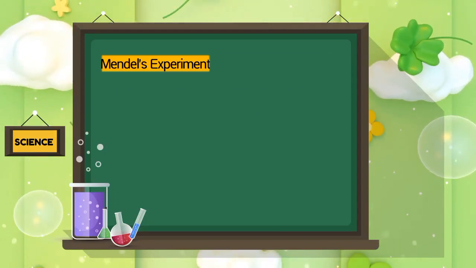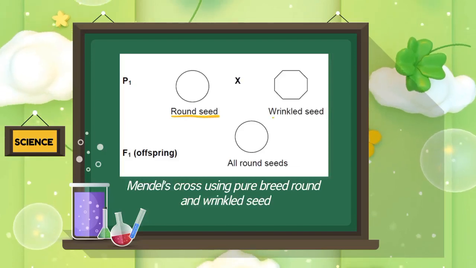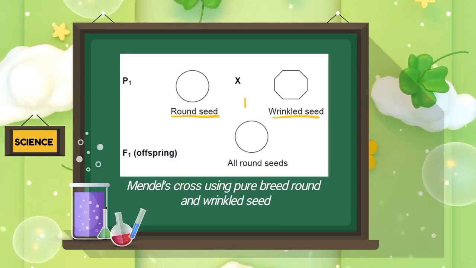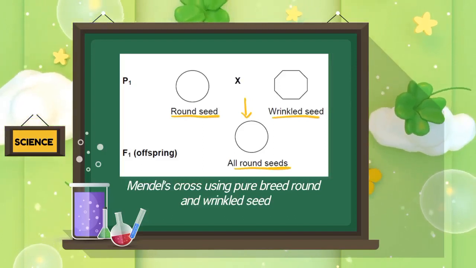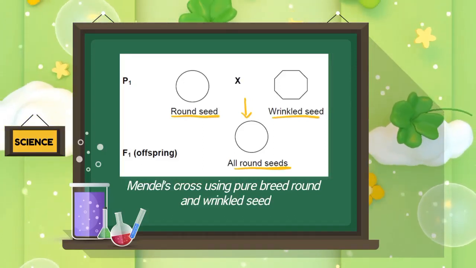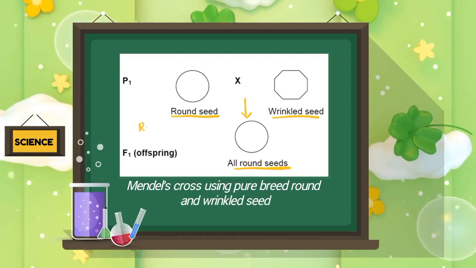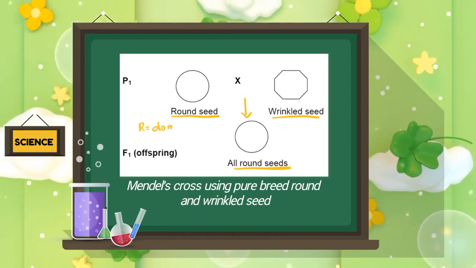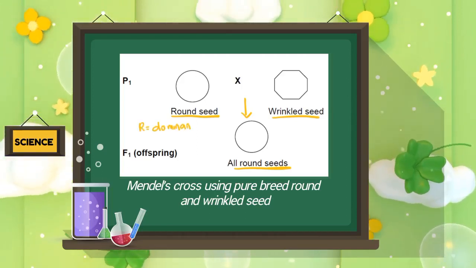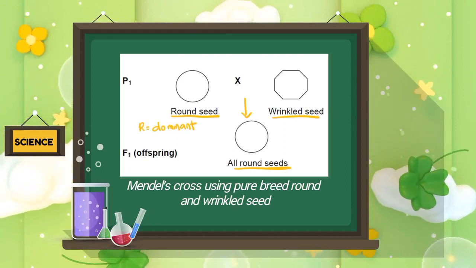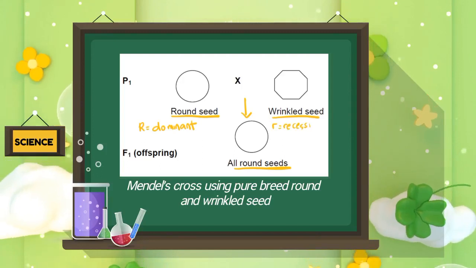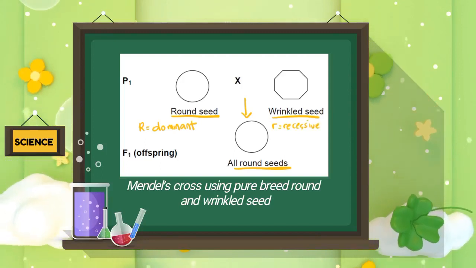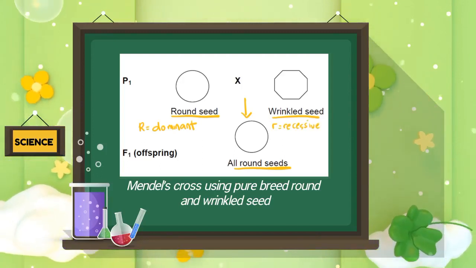Example, kung i-cross natin ang purebred round seed and purebred wrinkled seed, ang magiging result ng kanilang offspring ay puro round seed dahil dominant ang allele for round seed. Let's say that uppercase letter R is the symbol for dominant allele that represents round seed phenotype, while lowercase letter r is the symbol for recessive allele which represent wrinkled seed phenotype.